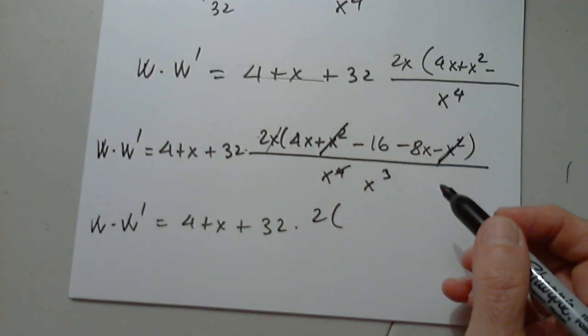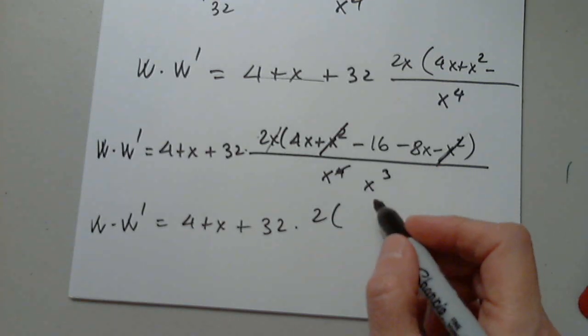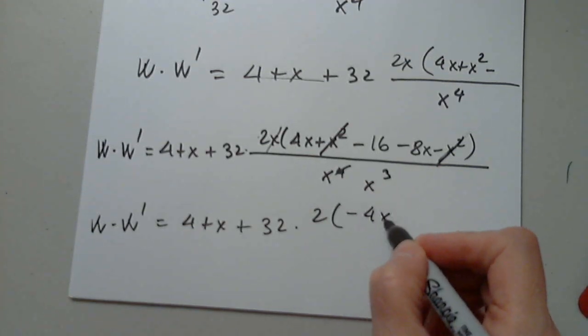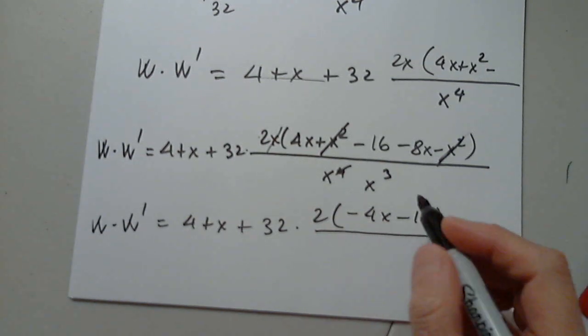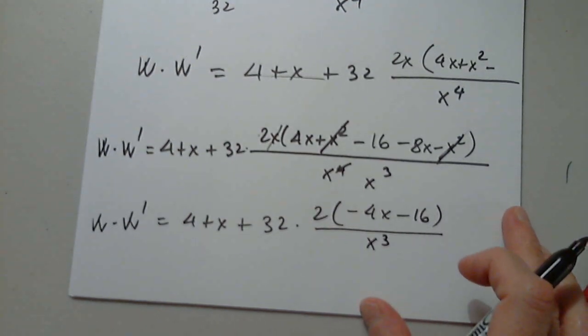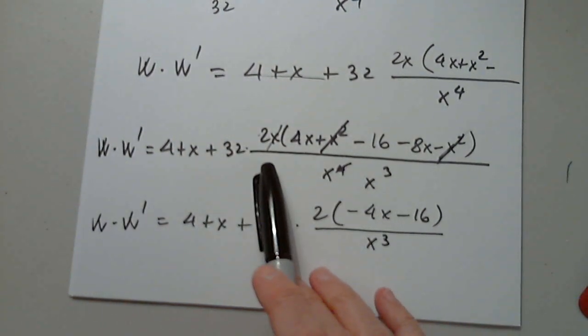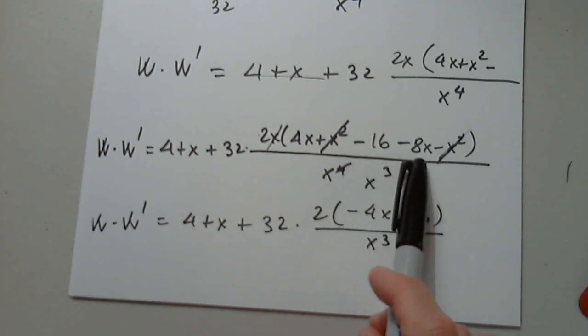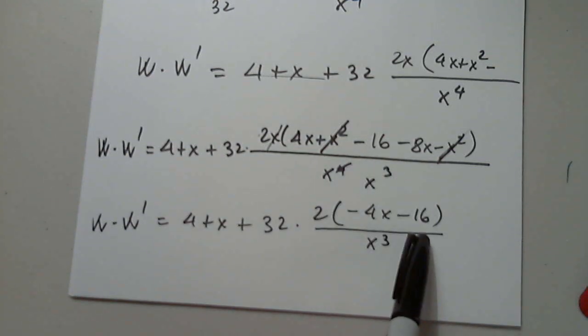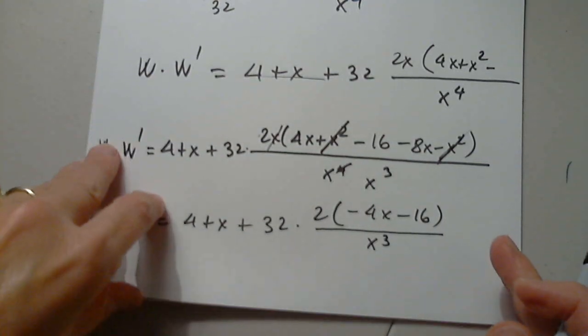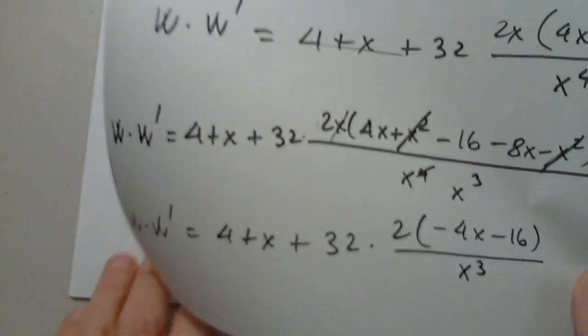Go away, please. Something. Anything. Minus 4x minus 16 over x to the third. Okay, maybe it becomes a little bit more human eventually. So I had a 32. The 2 stays. I have negative 4x and minus 16. There is some hope. Let's see.